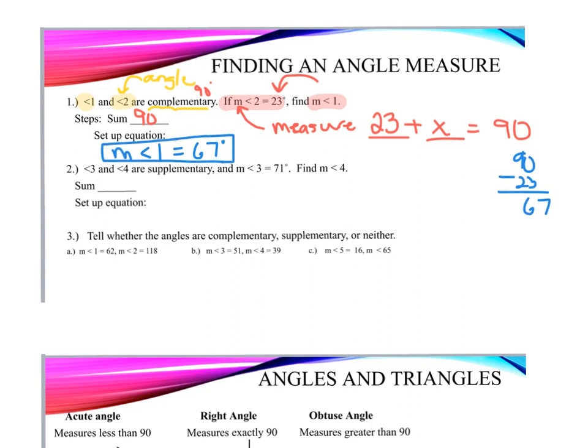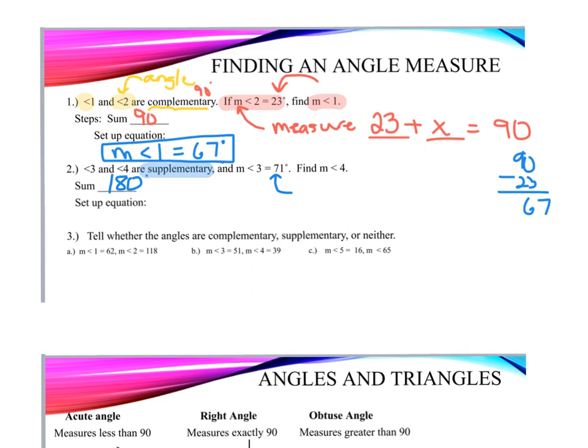Okay, let's move on to number 2. Angle 3 and angle 4 are supplementary. Okay, what's going off in your head? You know, supplementary means 180 total. So let's write that in our sum, 180 total sum. Okay, if the measure of angle 3 is 71, find the measure of angle 4.